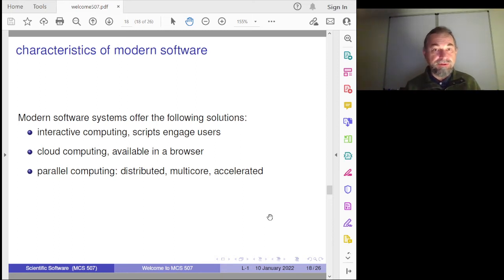What does it mean to be a modern software? It means that you must be able to leverage the hardware which is parallel. So your software must be able to communicate to other computers, must take advantage of the multi-core, and preferably also must be accelerated by the graphics, or must support massively parallel computing.